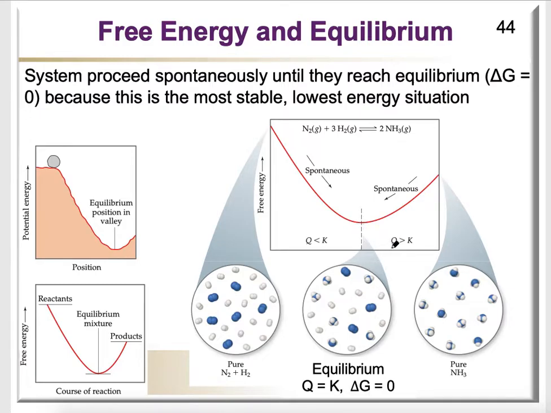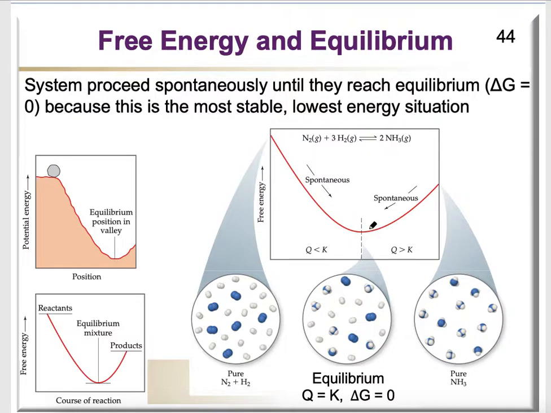At the same time, we already knew that if Q was greater than K, we had too much product. And so the spontaneous thing for that reaction was to start utilizing the products to make more reactants so as to reach equilibrium. So that's spontaneous. The opposite, like if you're at equilibrium, for the reaction to go in this direction, to make more reactant, that would not be spontaneous.